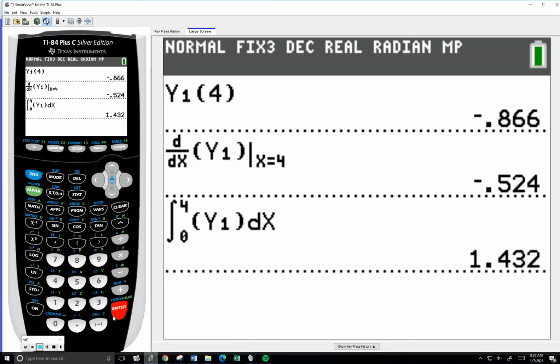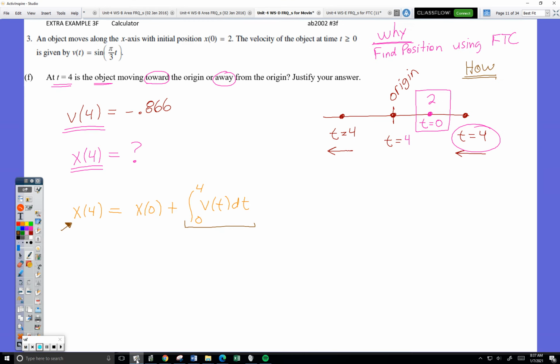That tells me displacement, 1.432. I write that down. X of 0 is 2. So integrating the velocity tells me by what amount the position's location will be different from time 0 compared to time 4.